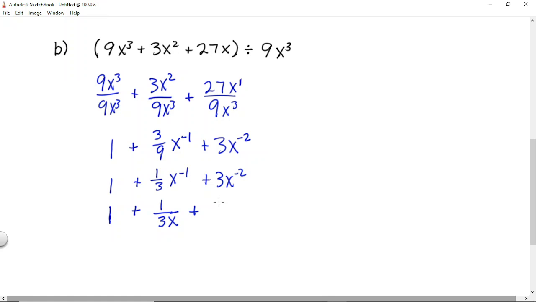So we'll write the 3 in the numerator like this, make a fraction bar, and x squared down there, positive 2 in the denominator because it was negative 2 in the numerator. Okay, and that is it. So that's a couple of examples of dividing a polynomial by a monomial. Stay tuned for more division later.